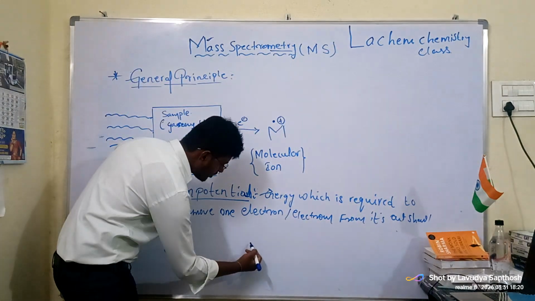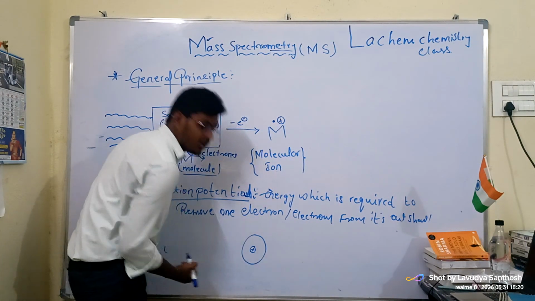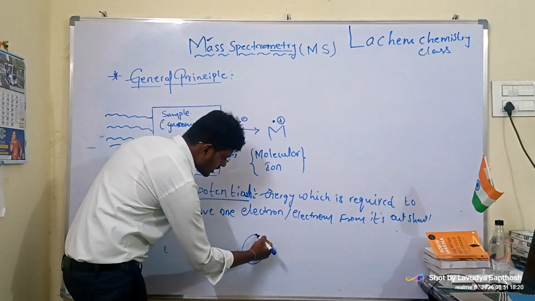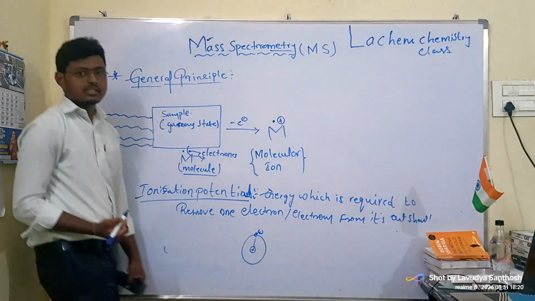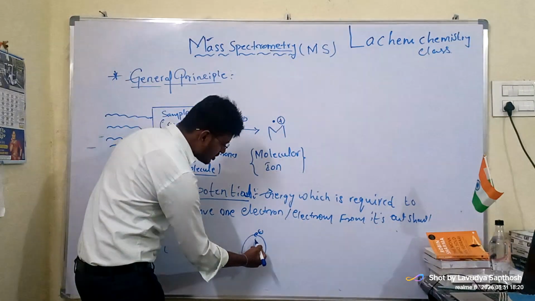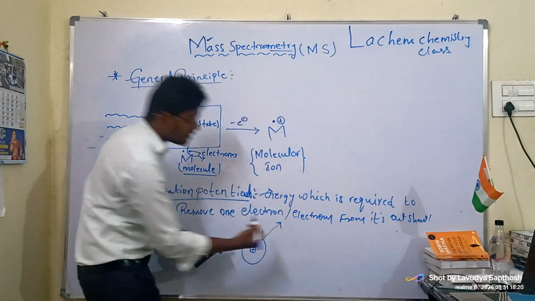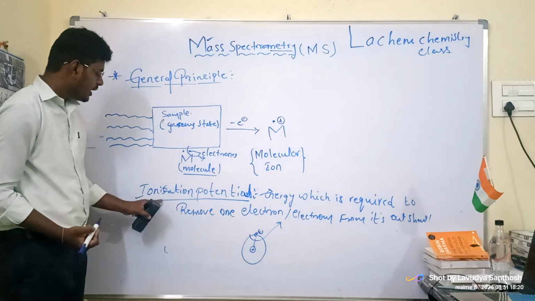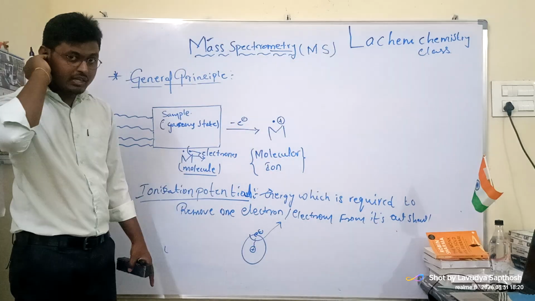For example, this is the orbital, this is the nucleus and this is the electron, very near to the nucleus. The energy required to eject this electron from the orbital is the ionization potential. Now we have seen the S, P, D, F block group elements.